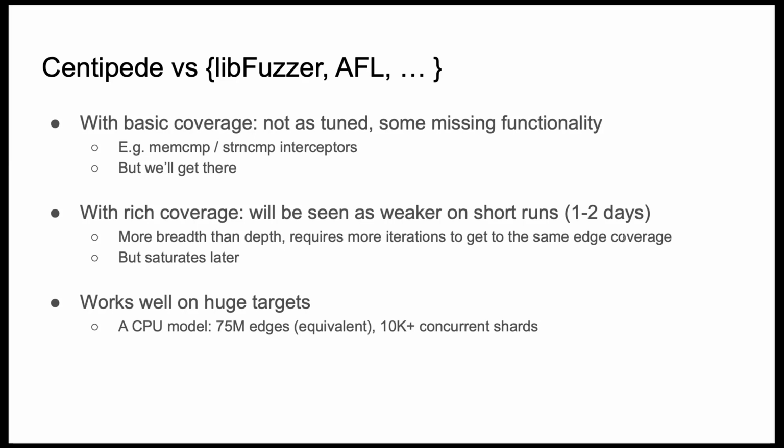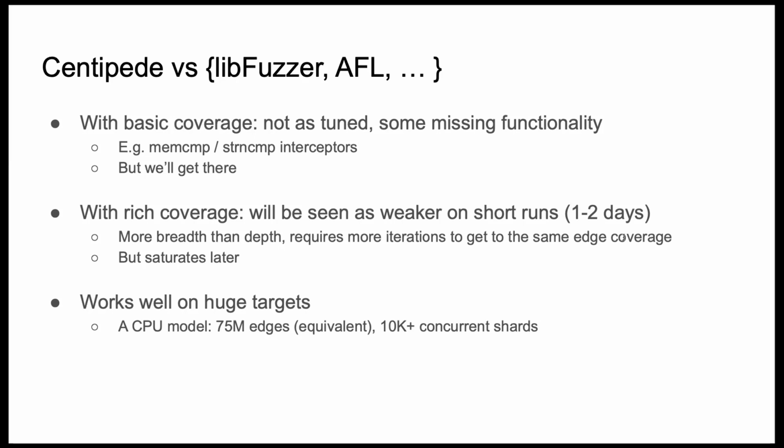What is important for us, and this is not an A/B comparison, this is just our business need for Centipede, is that it works well for huge targets. The biggest target that is currently constantly being fuzzed is a CPU model. I cannot tell what specific CPU model that is, but it has 75 million what we call toggles.